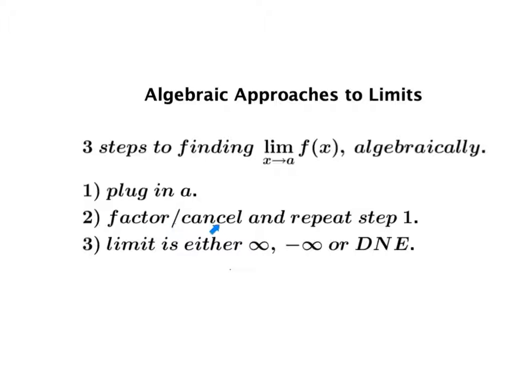So refactor and eliminate common factors, top and bottom, and then repeat step one. Plug the value of a in, and if you have a finite answer, you have your answer. If step 1 and 2 don't give you a limit, then the limit is going to be either infinity, negative infinity, or a limit does not exist. And we'll talk more about that here in a bit.